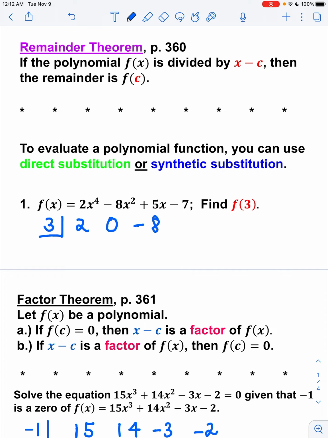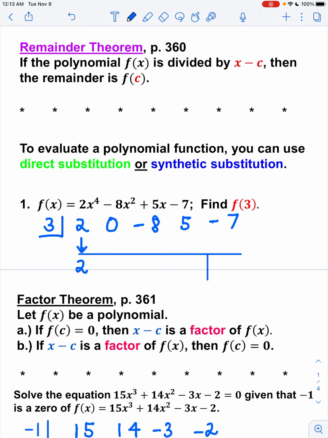Then -8 for the squared term, +5 for the 1st degree term, and -7 for the constant term. And then I'm going to draw my line, and then draw my line for my remainder, which really is my answer in synthetic substitution.